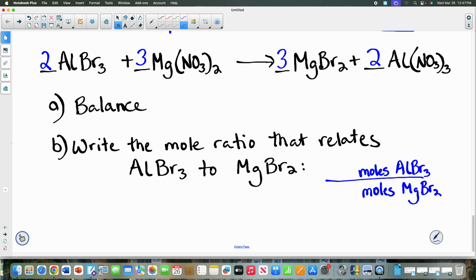Alright, so, what should these numbers be? What should be on top? 2, and 3. 3, okay.